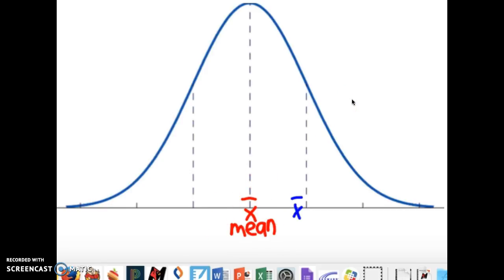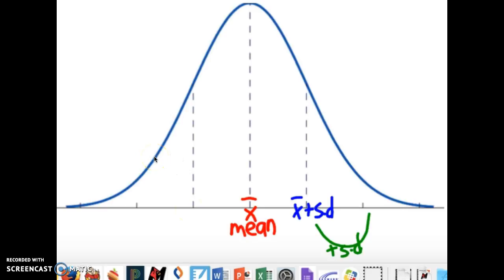So I would have our mean plus the standard deviation. And we just keep going that way. So this next bar would be this number plus our standard deviation. And then if we went in this direction, we would be subtracting the standard deviation.